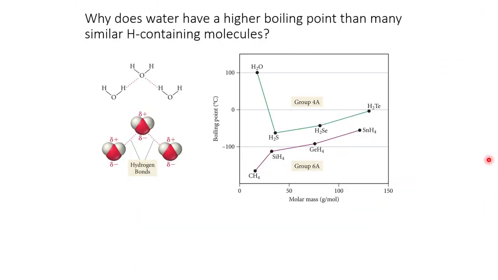So water has a really high boiling point compared to most other similar molecules, and it's due to these hydrogen bonds, because we have that very strong interaction. Now, H2S, this is from the same group. The electronegativity difference between sulfur and hydrogen is not enough to make that hydrogen bond.